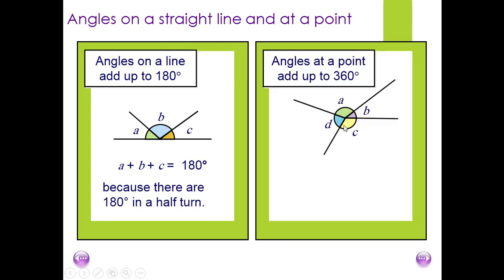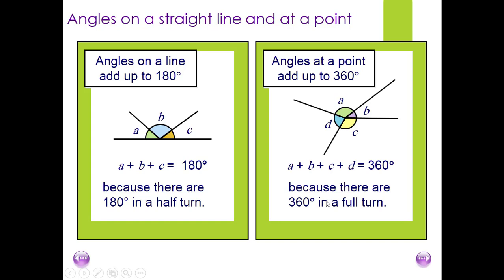We have another type of angle, which is the full turn angle. When you have a full rotation, it equals 360. So when you have a rotation at a point and you add up all these angles, the result will be 360.